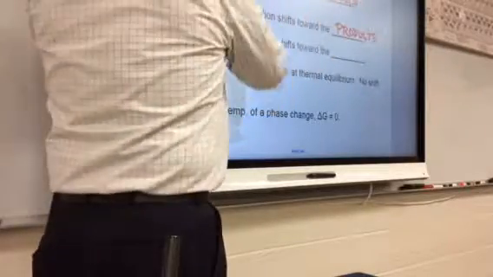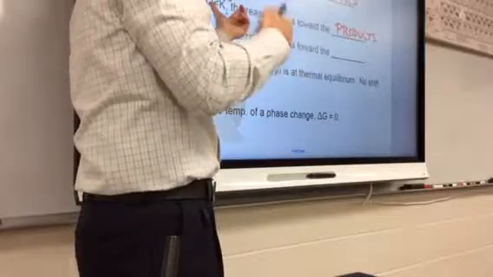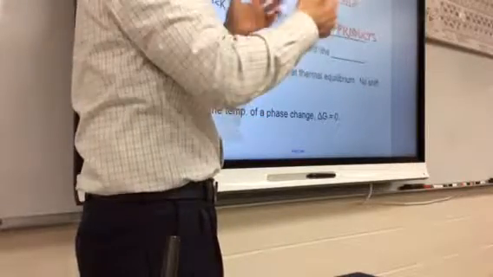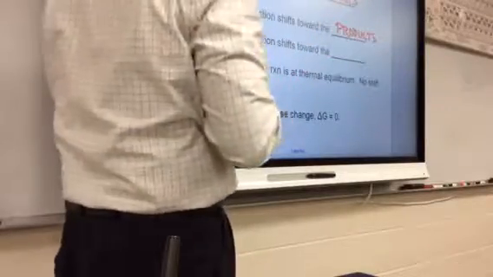So at the beginning, if Q is 0 and it increases, then at the beginning of the reaction, Q is definitely less than K, because K is going to be some non-zero number, some non-zero ratio of products to reactants.